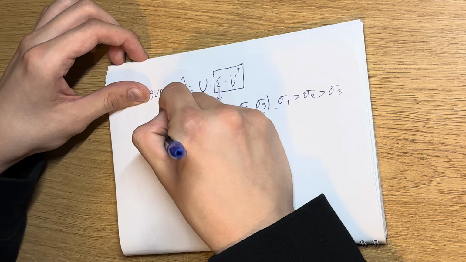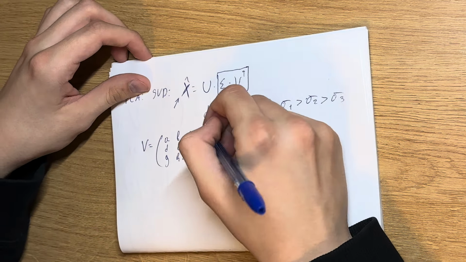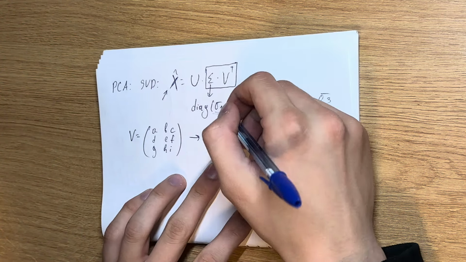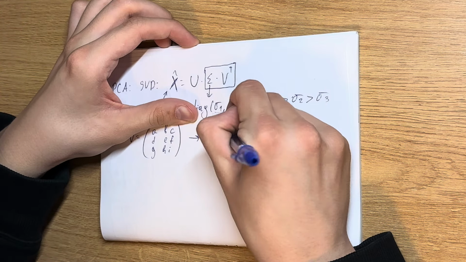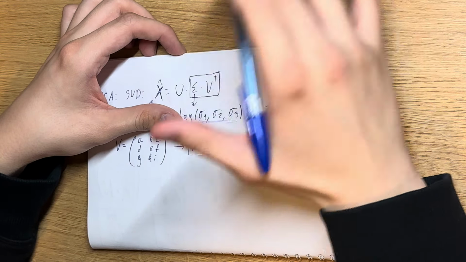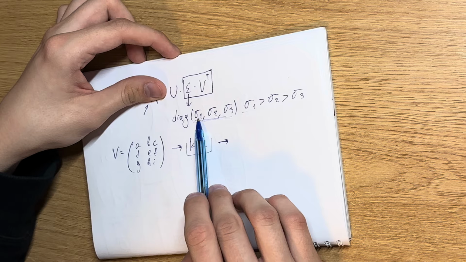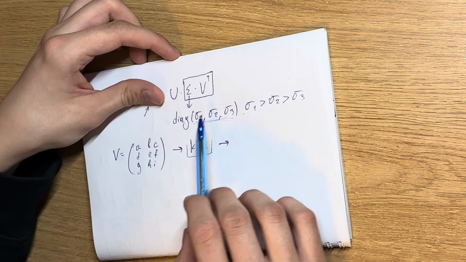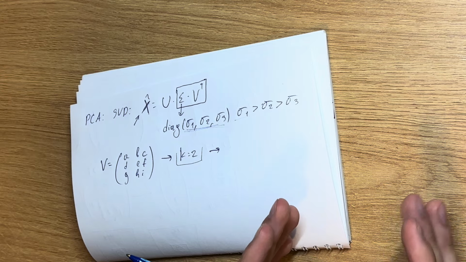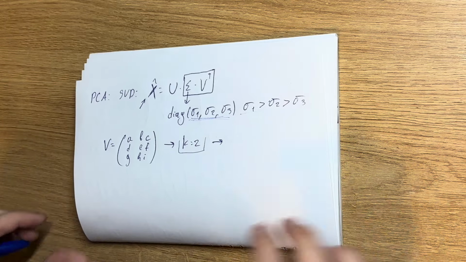For example, our V is equal to A, B, C, D, E, F, G, H, I, and for example our K is 2. For what reason do we define K? Because it is not always necessary for us to know all the features. As sigma 1 and sigma 2 are the most significant, we can get rid of the least significant features in order to get rid of noise and some rubbish.